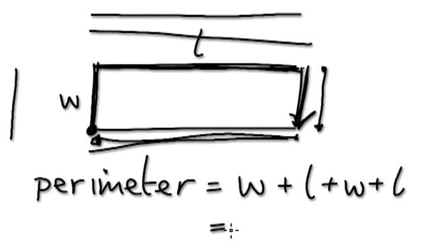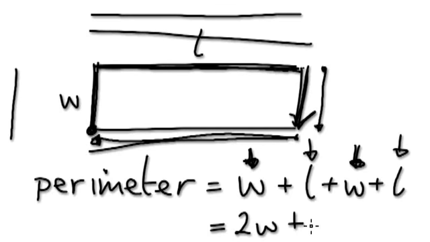Now, remember, this is your same entity, so you can merge the two. So it'd be 2W, and then it's like your elephant, and then giraffe. So merge all the giraffes together, merge all the elephants together. So this would be 2L.